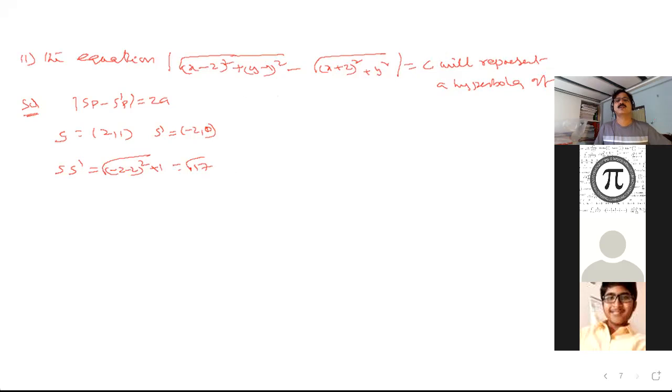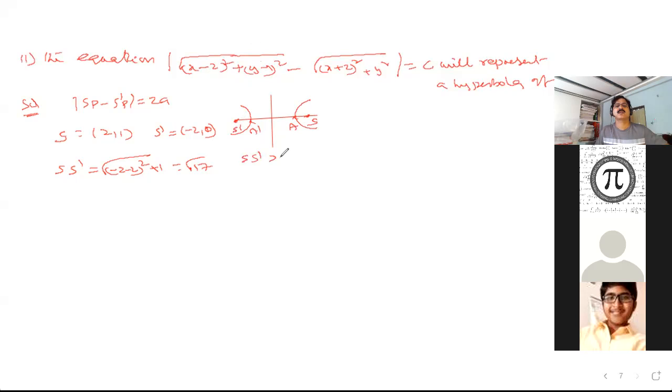Okay, what is that? Here, hyperbola. In the case of hyperbola, this is SS dash. This is S and this is S dash. Here is AA dash.